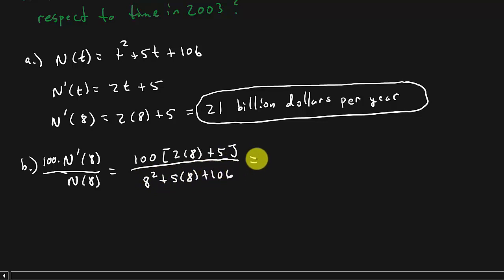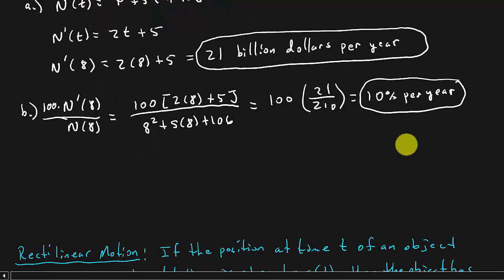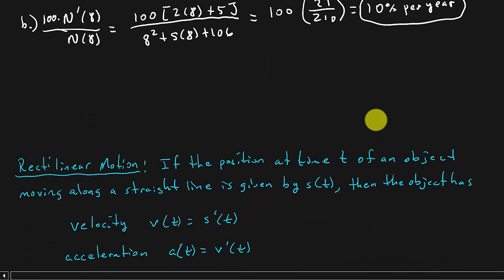That is equal to 100 times 21 over 210, which would be 10% per year. So it would be 10% of the money per year. All right, so that's not too bad. That's not bad at all.